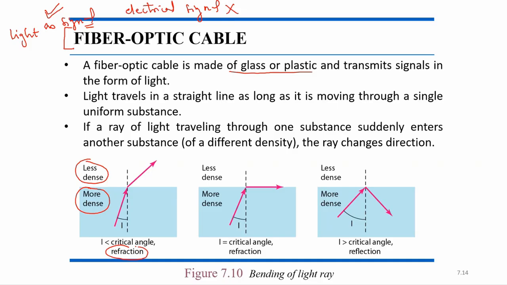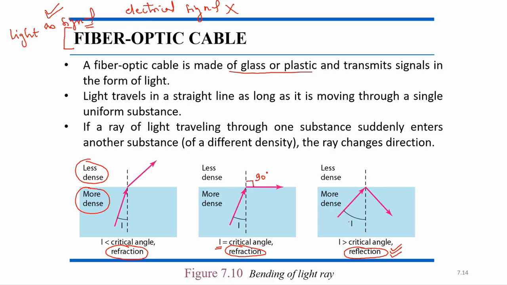If the incident angle is less than the critical angle, this will be the resultant one. If the incident angle is equal to the critical angle, it is still refraction, and at that time the refracted angle will be 90 degrees. If the incident angle is greater than the critical angle, there will be a reflection. This criterion is used in optical fiber cables.